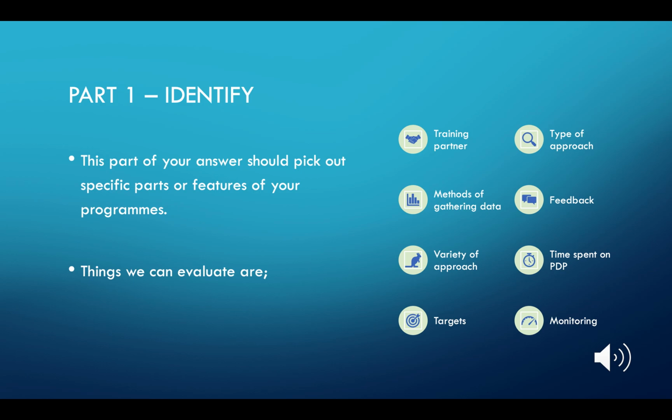The first stage of our 3-step process is to identify something. For this question, we need to pick out a specific part or feature of your training programme.